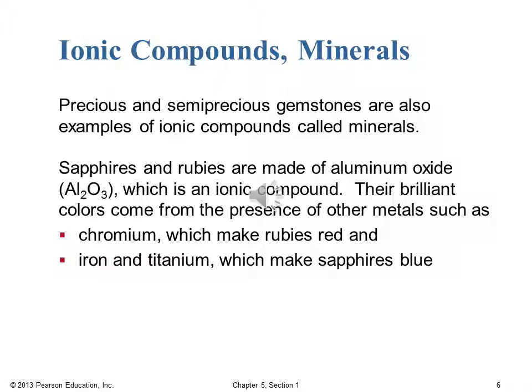So if they're any color but red, including colorless, we call them sapphire. If they're red in a certain range, it's because of the chromium, and then we call them ruby. But they're all examples of aluminum oxide, an ionic substance that's very high melting and has very strong ionic bonding.